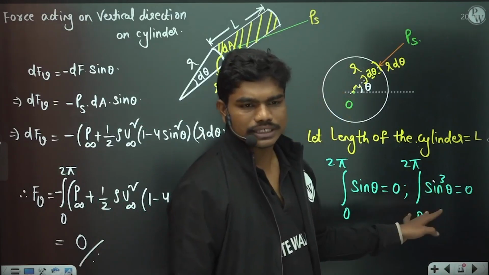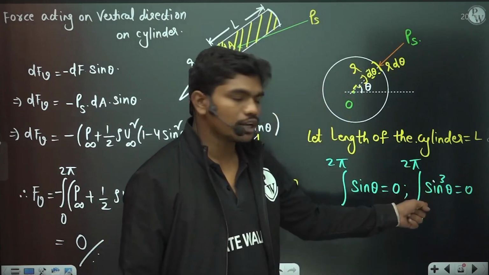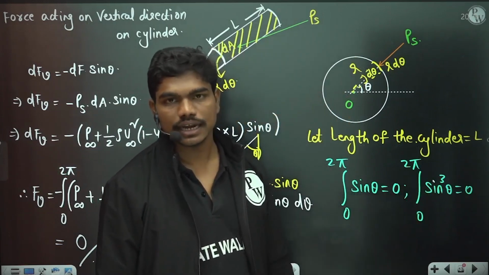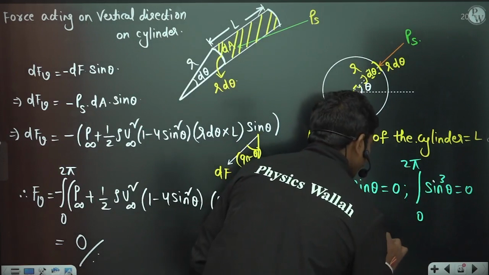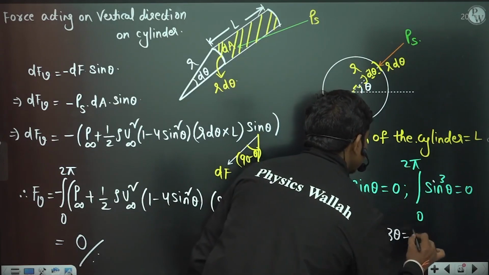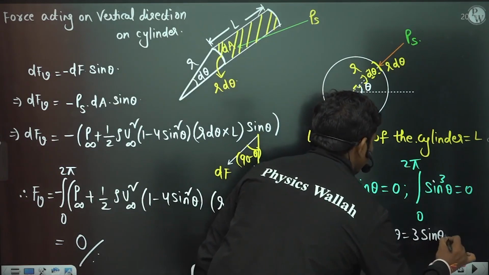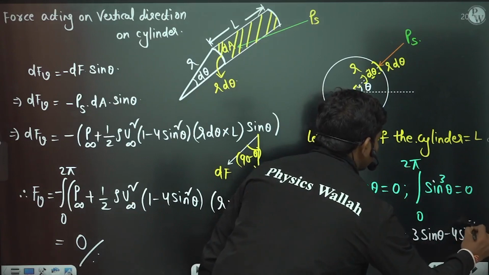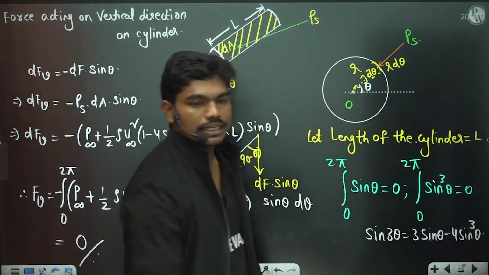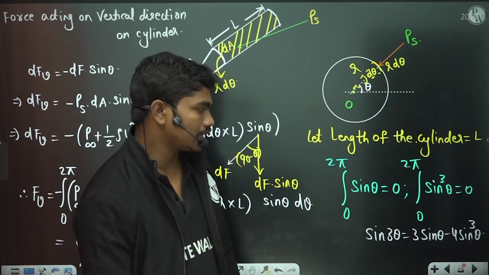Is this clear? Can you do this integration? Integral of sine cube theta. Normally, how sine cube theta integration is done: sine 3 theta is taken as 3 sine theta minus 4 sine cube theta. So 3 sine theta minus 4 times sine cube theta is what you take generally.